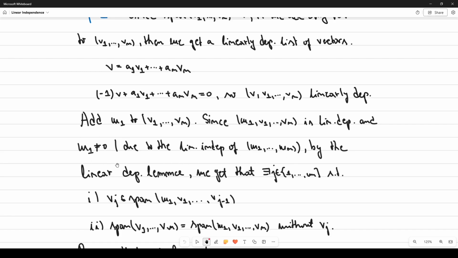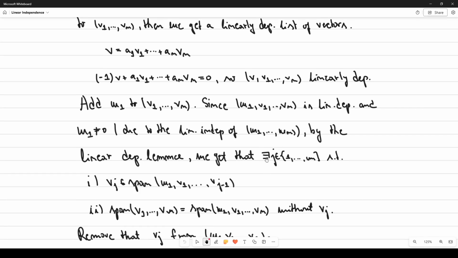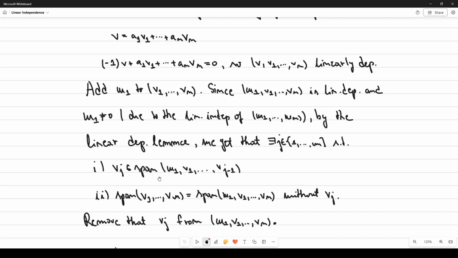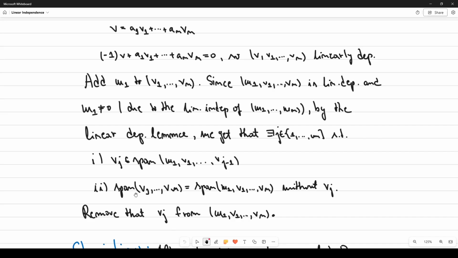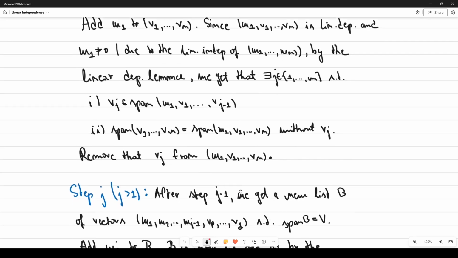So we know that w1 is different from 0. By the linear dependence lemma, there exists some index j such that vj belongs to the span of all the vectors that come before it, and the span stays the same after I remove that vj. So we add w1, and then we remove this vj that is guaranteed to us by the linear dependence lemma.